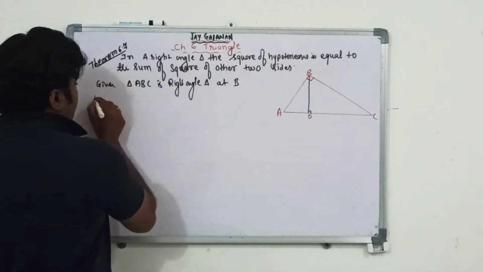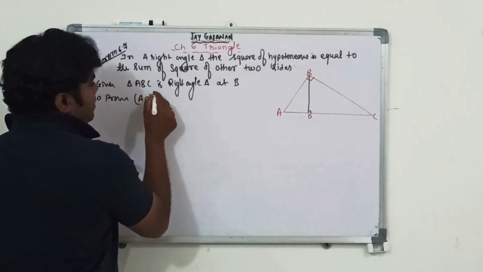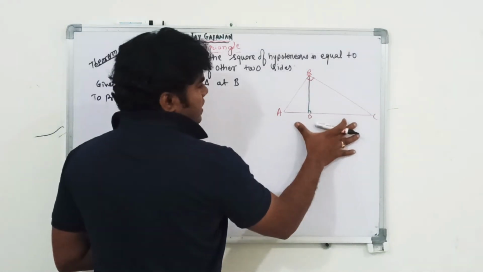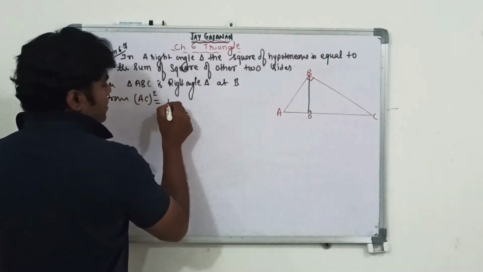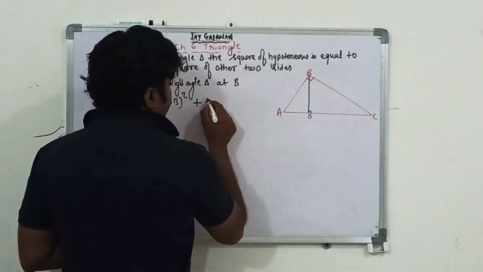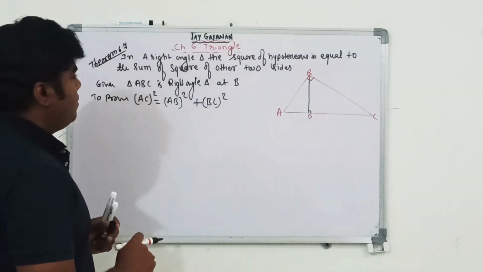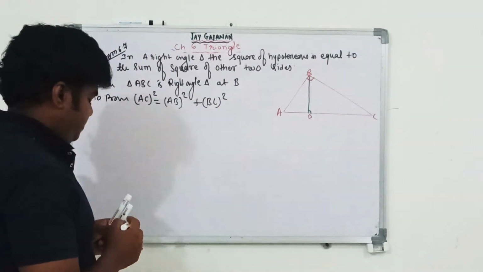So to prove: AC square is equal to AB square plus BC square. This we have to prove.